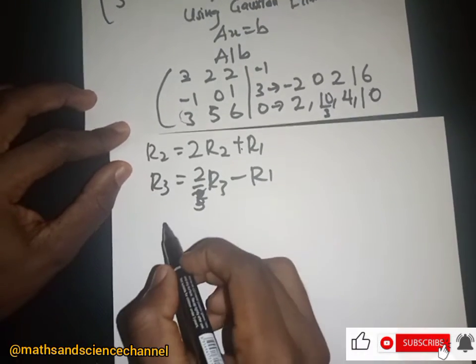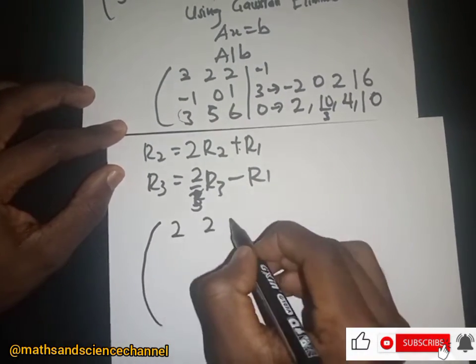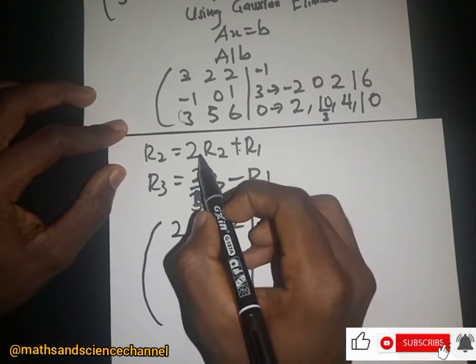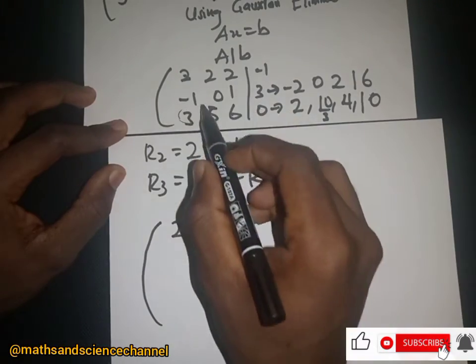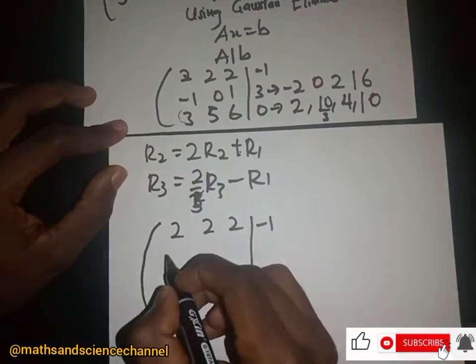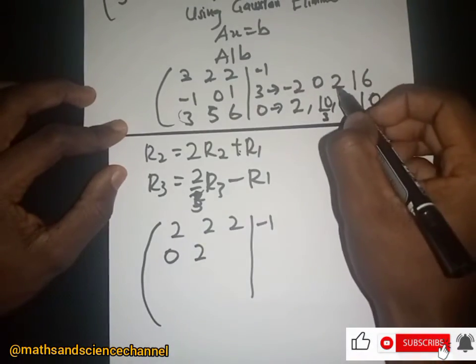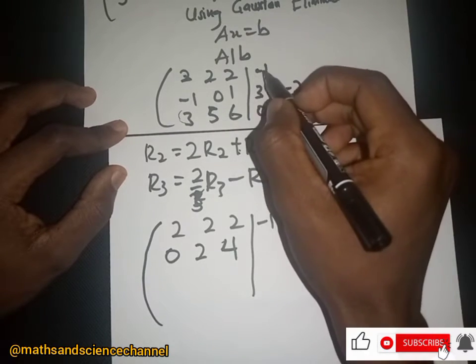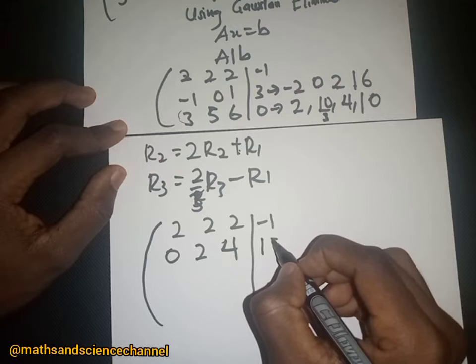Okay, so now let's subtract, and the first part is just going to be the same, but the second part we have R2, which is the ones here, plus R1. So we have negative 2 plus 1 goes to 0, 0 plus 2 here goes to 2, 2 plus 2 here we have 4, then 16 here plus negative 1 here we have just 15.